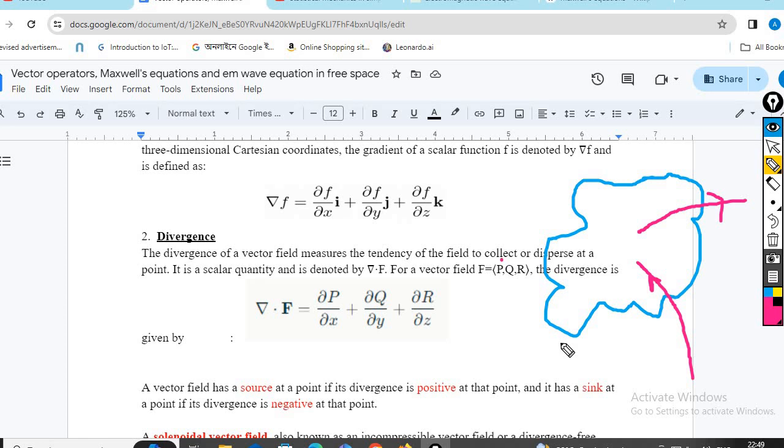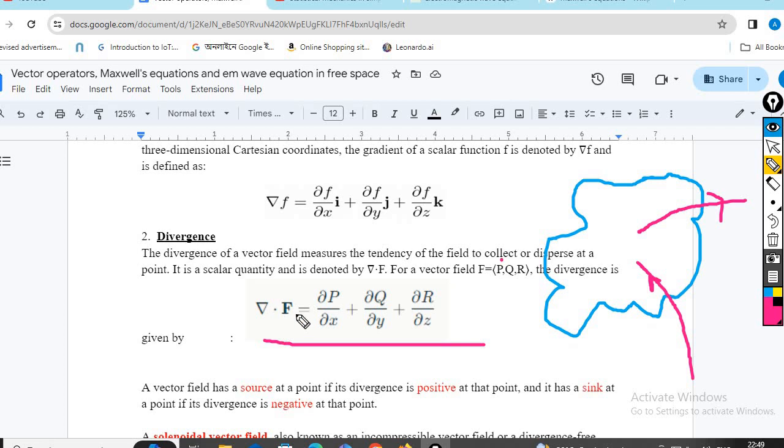Now you need to study whether the field is acting as a collector or a disperser. So if you are operating by divergence on the vector field, you will get some idea about it. So the operation is something like this.